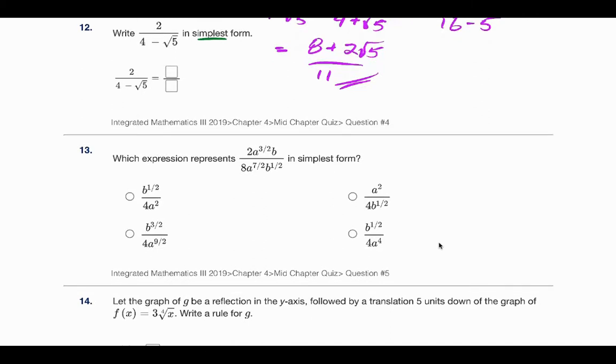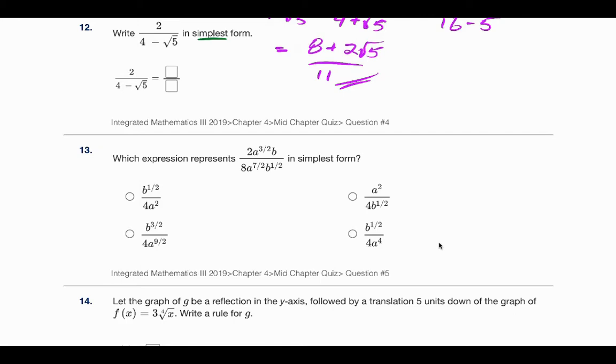Number 13, which expression represents 2a raised to the 3 halves times b over 8 times a raised to the 7 halves times b raised to the 1 half, written in simplest form.